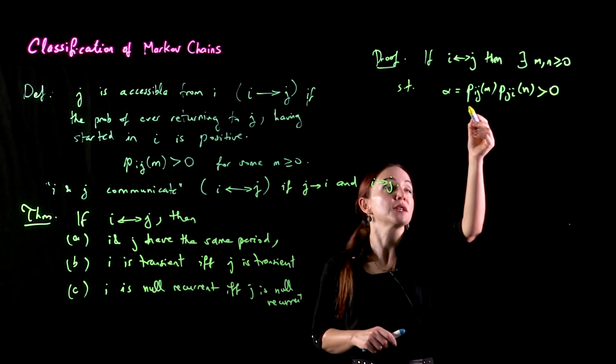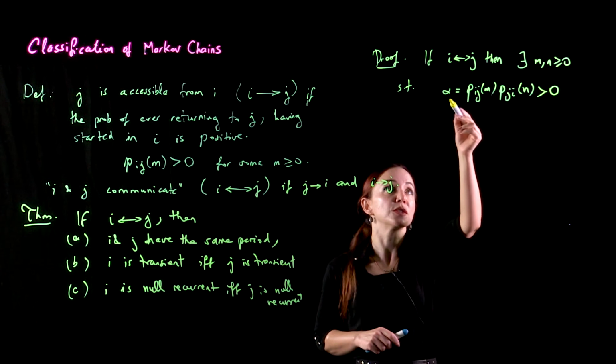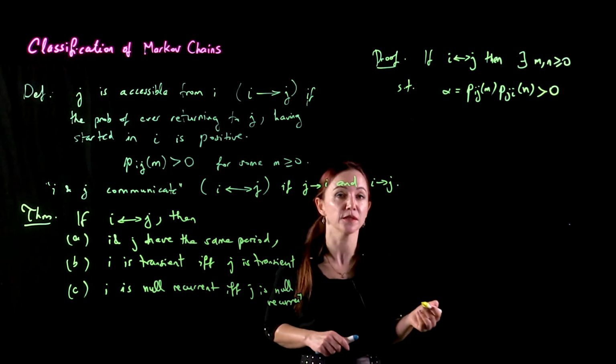So I can always construct this product, which is a number alpha greater than 0.